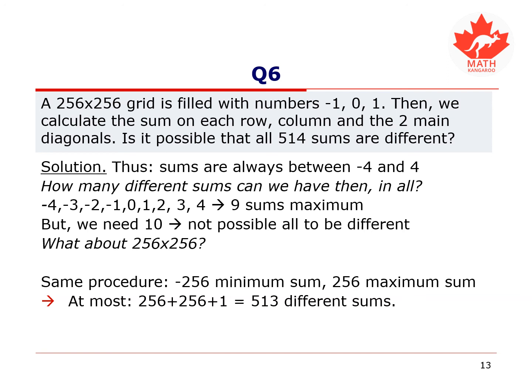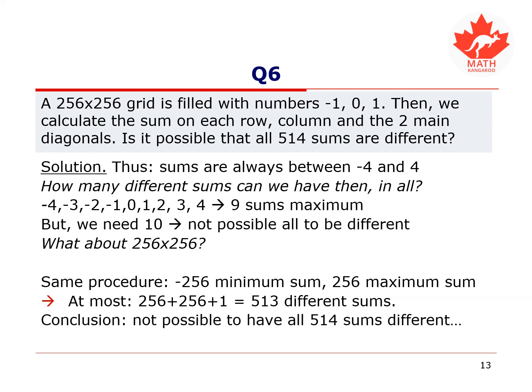Let's see. 256 on one side of 0, 256 on another side of 0, and the 0 sum itself. That gives me 513 different sums. But 514 sums in total, so one of the sums at least must be the same as a different sum. Therefore, no, it is not possible to have all 514 sums be different.